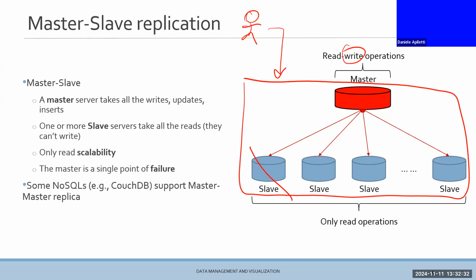It's a little less clear for speed up, for performance. And here is the usage of the slaves for speeding up the service. Imagine you are the Amazon catalog, or an e-commerce catalog.